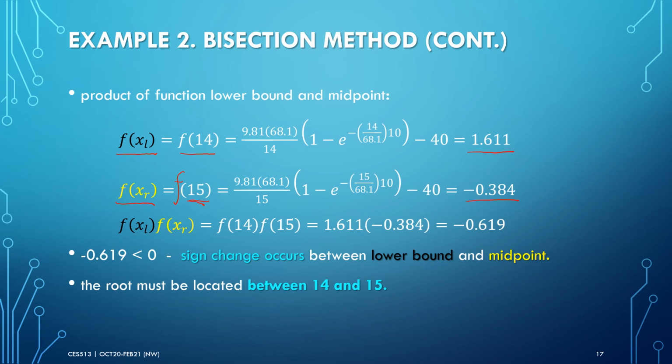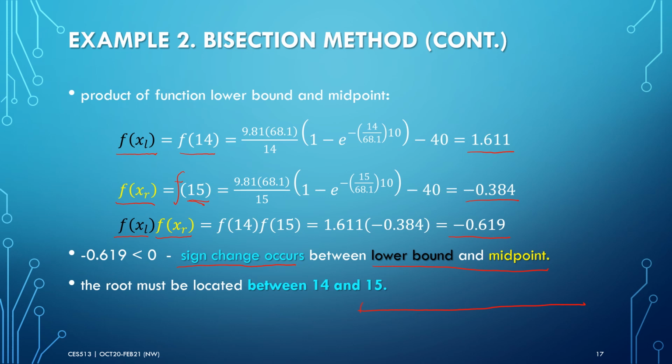When we multiply the function of the lower bound with the function of the estimated root, we get negative 0.619. So we can see here there is a sign change between the lower bound and midpoint. That means the root must be located between 14 and 15. So I will show you graphically.